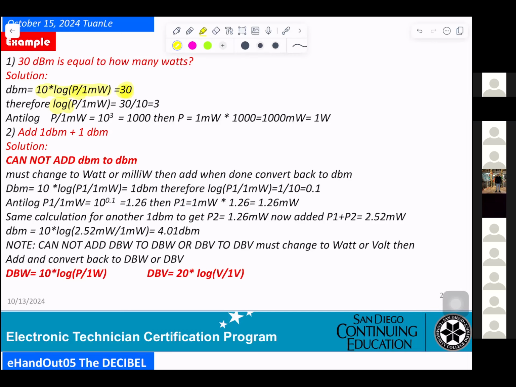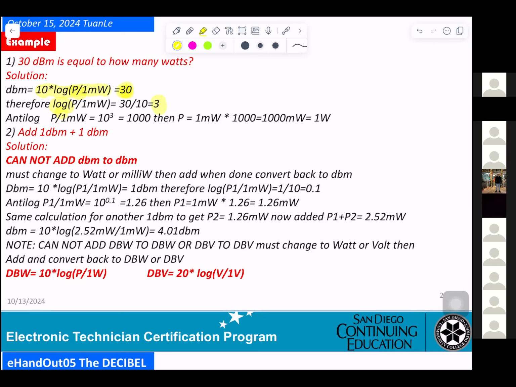So now log of P over 1 milliwatt equals 30 divided by 10. You get the number 3. Okay, so now you enter the log of P over 1 milliwatt.